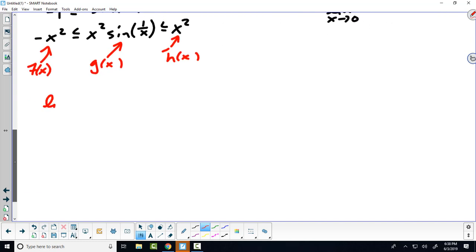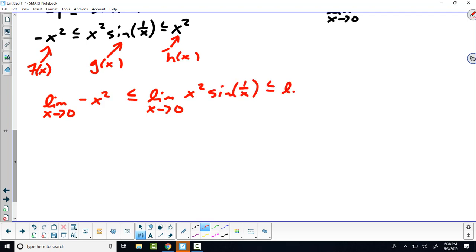Let's take the limit as x approaches 0 of all three sides of this inequality. And that's using the theorem on the previous page, the one I said was incredibly important.